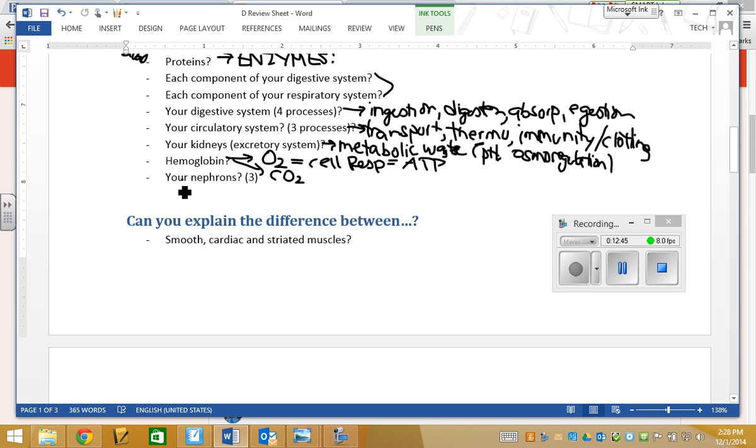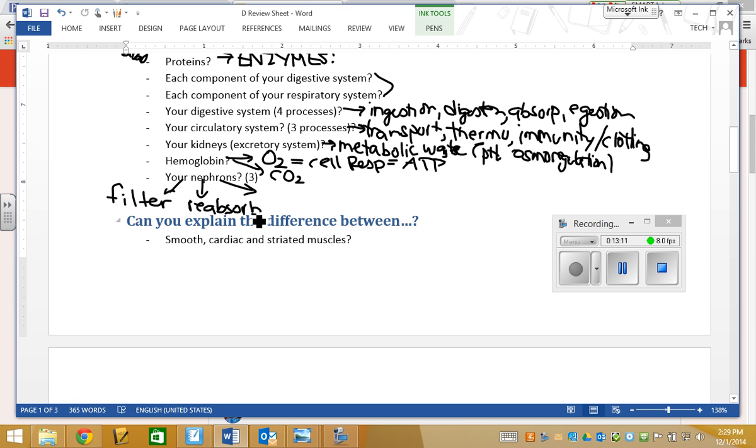Now, in terms of what your nephrons do, there are 3 major processes that happen inside those tiny little microscopic units in your kidneys. They filter. So remember, not everything can get through the filter. Blood cells are not supposed to get through the filter. They reabsorb molecules that you want, like water.